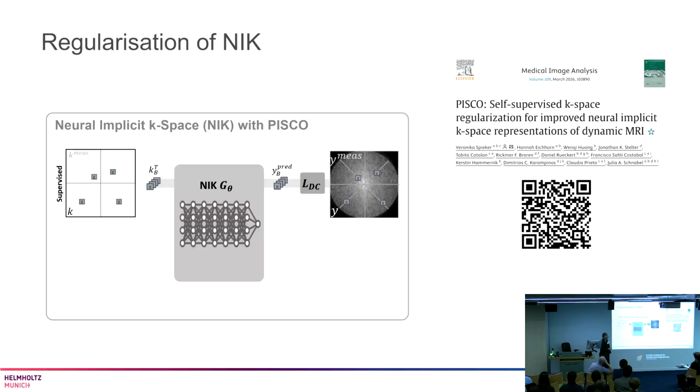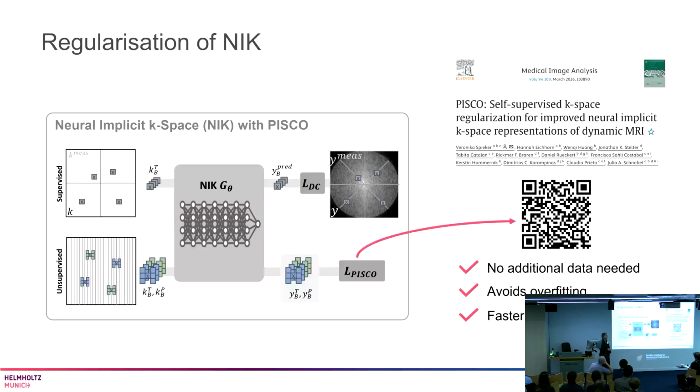We add to this another loss function, the PISCO loss function, as a weighted addition to the cost function. And again, what we don't need is any additional data, so we don't have to acquire high-resolution data. We avoid the overfitting problem this way because now we regularize quite nicely and we converge much faster.